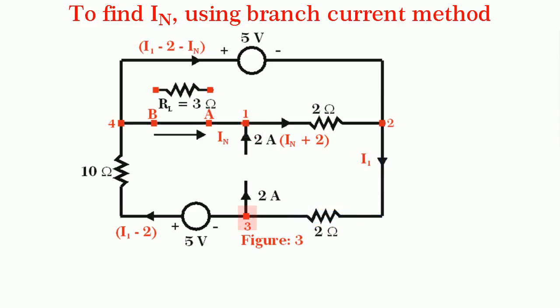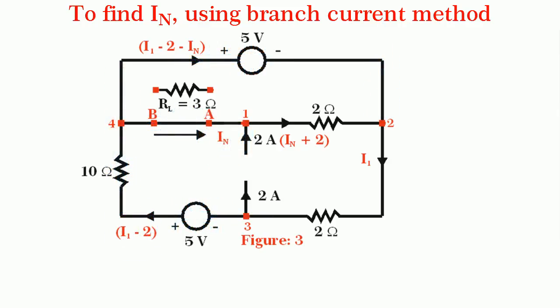By applying Kirchhoff's current law to junction node 3, current in branch 3 to 4 will be I1 minus 2 amperes. Similarly, by applying Kirchhoff's current law to junction node 4, current in the branch 4 to 2 through 5 volt source will be I1 minus 2 minus IN amperes.